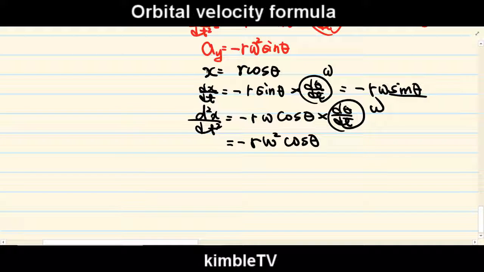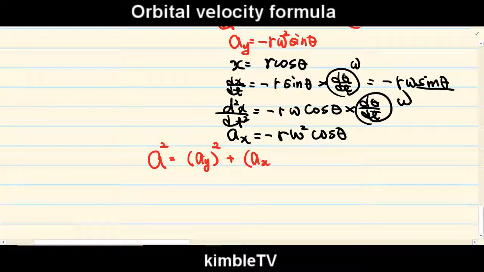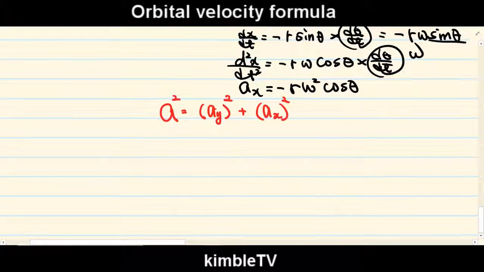This is the horizontal acceleration. Therefore, we can get the total acceleration squared from the vertical acceleration and horizontal acceleration by Pythagoras theorem.